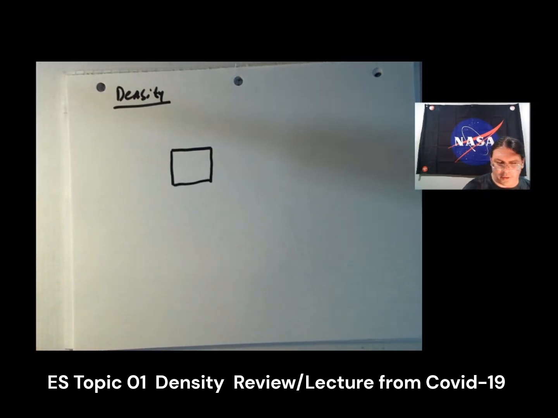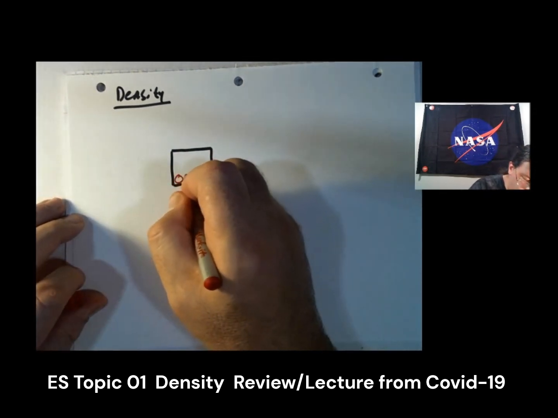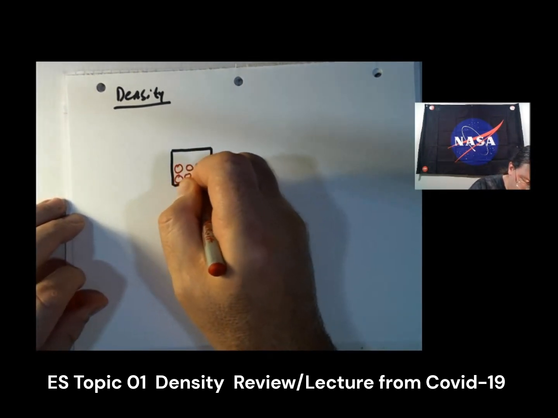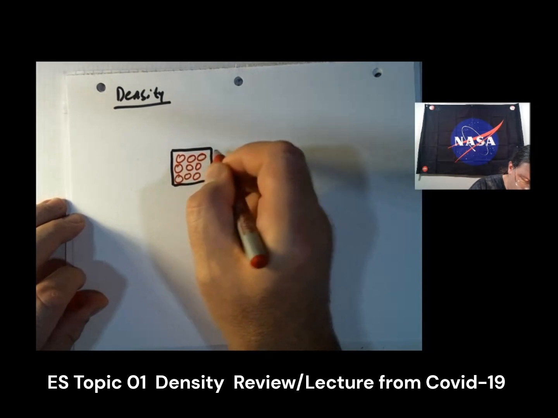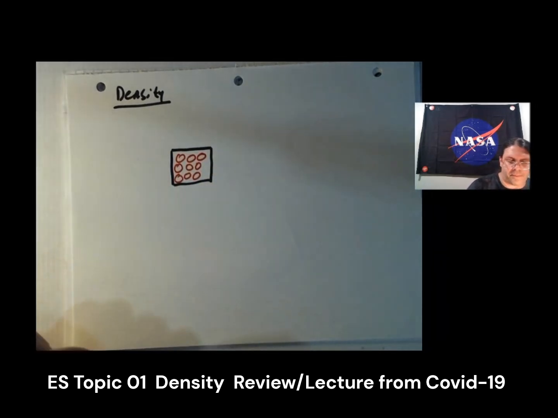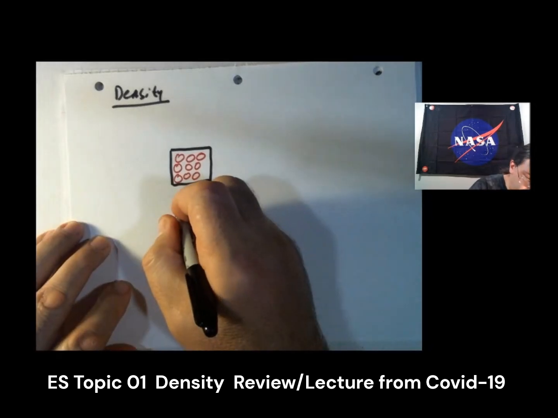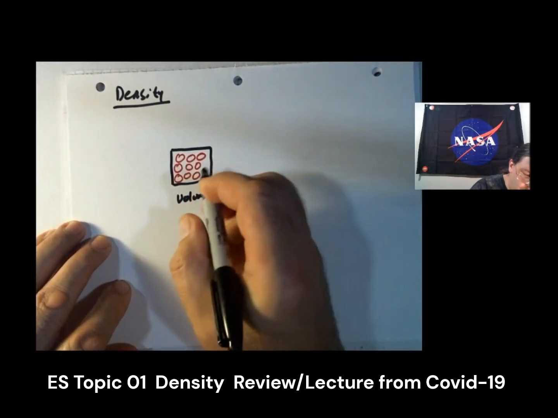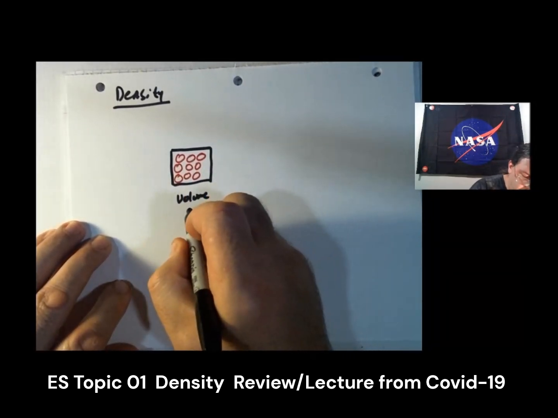And I'm going to start off with a specific number now of atoms, let's just say 9. And my volume, let's say the volume here is 1 centimeter cubed.